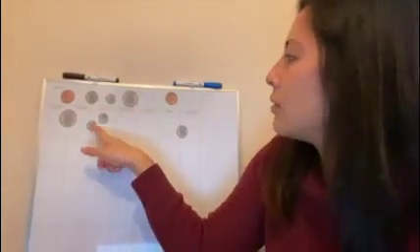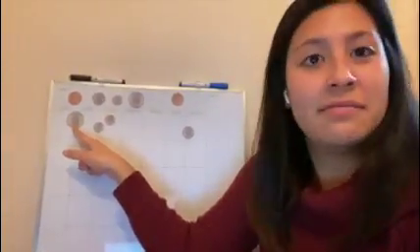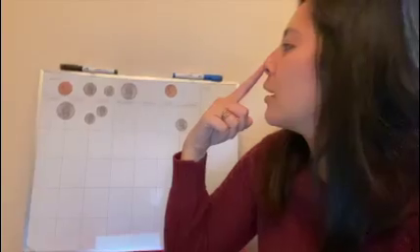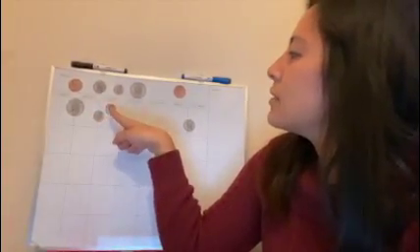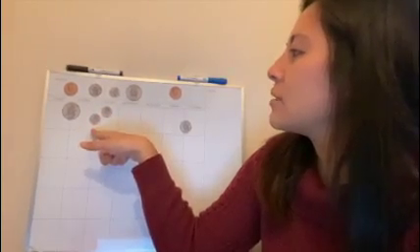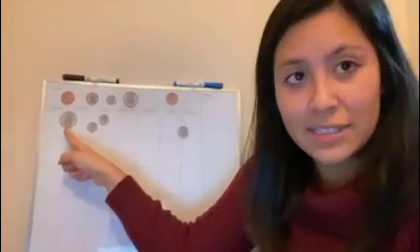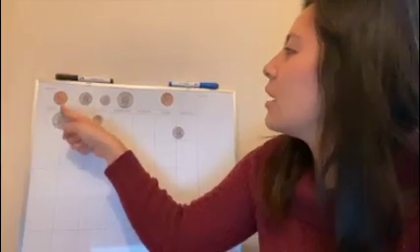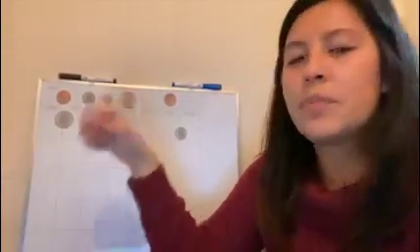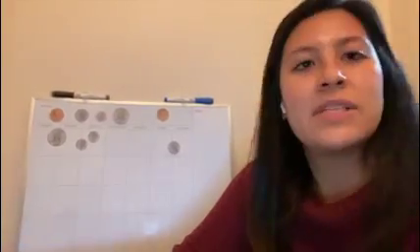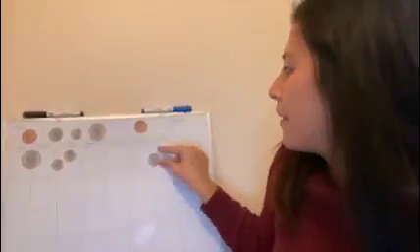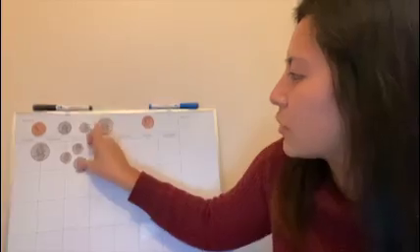But that's still not 25 cents, though it's almost 25. 10 cents and 10 cents together is 20 cents, but we need 25 cents. Is there a coin that equals 5 cents? Because we have 5 cents left that we need to pay him. What coin equals 5 cents? The nickel. A nickel is worth 5 cents.